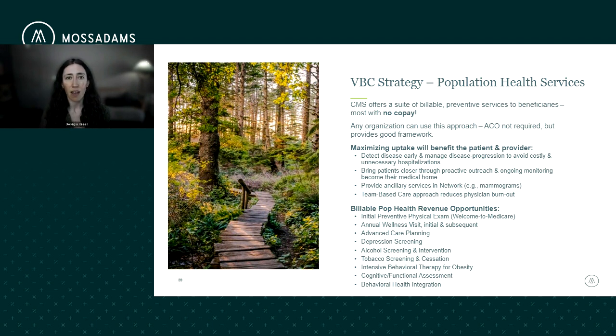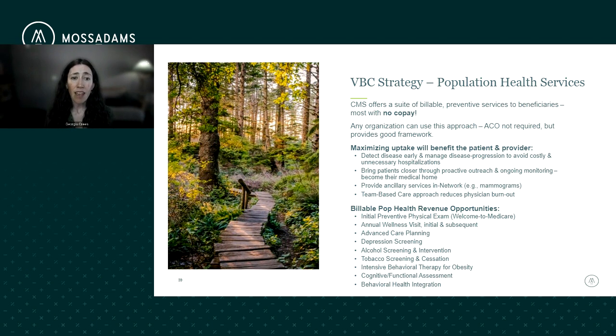And you can bill Medicare for doing it if you meet certain specifications for each code. But these are good strategy, and you don't have to be in an ACO to do it. It can support you if you're in an ACO by helping those chronically ill patients and reducing admissions and readmissions, that kind of thing. But it really is maybe a good starting point for folks who aren't in value-based care yet.